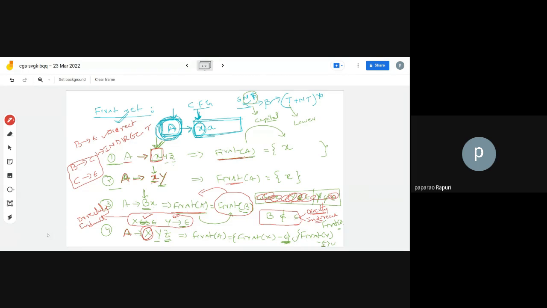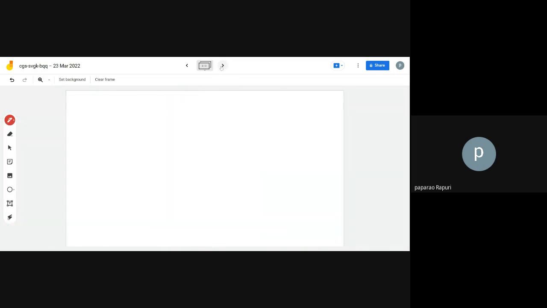For that purpose, we are removing epsilon from those sets. Union means we need to add all the sets by unique symbols. So these are the rules we need to follow for construction of the first set for any non-terminal.